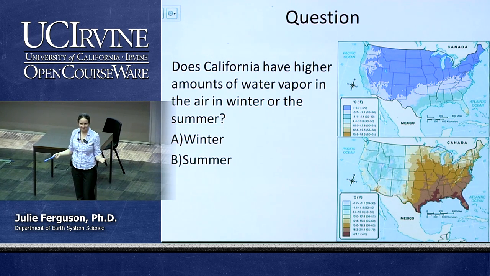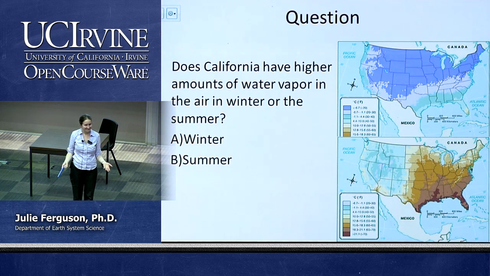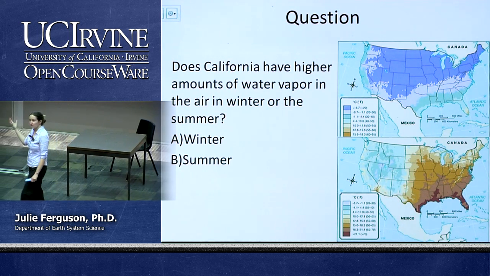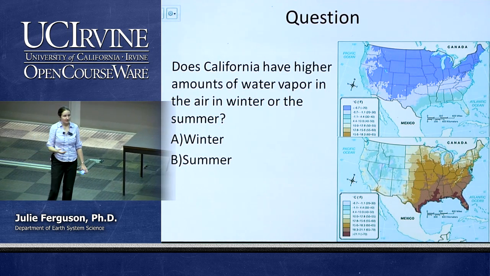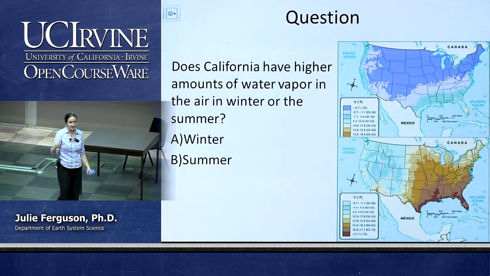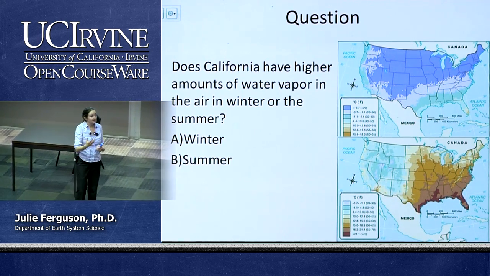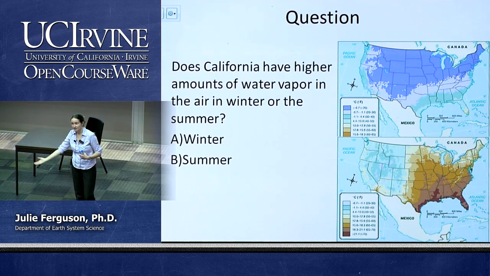So actually we have more water vapor in the air in the summer. Does it feel damper in the summer, or does it feel drier in the summer? It feels drier in the summer. So there's something that this measure of atmospheric moisture isn't taking into account. Because what we feel in terms of is it muggy, is it humid, is relative humidity: how much moisture is there compared to what there could be?